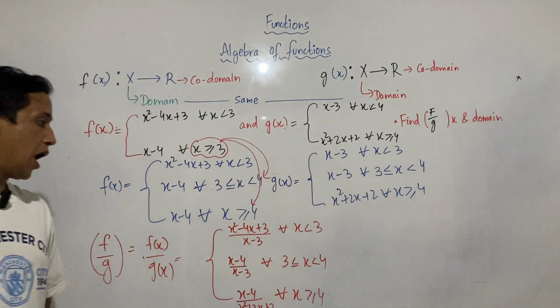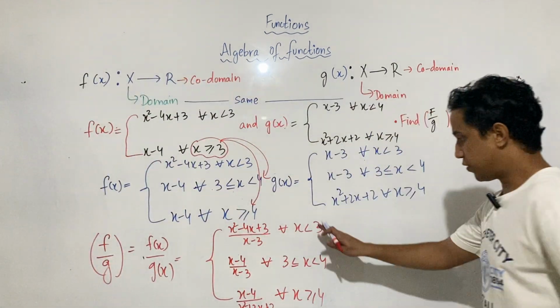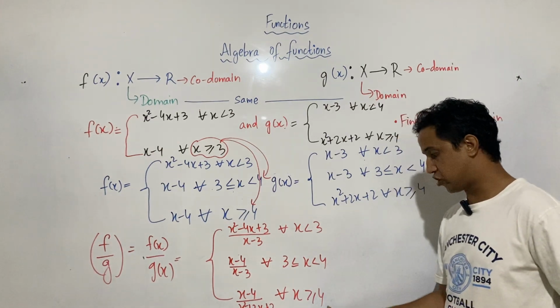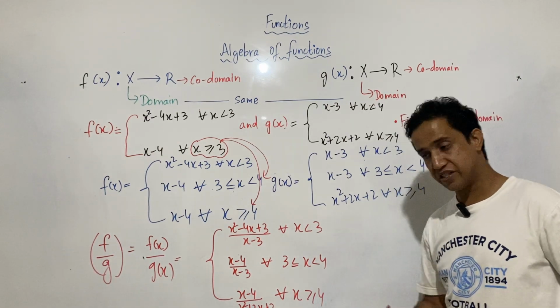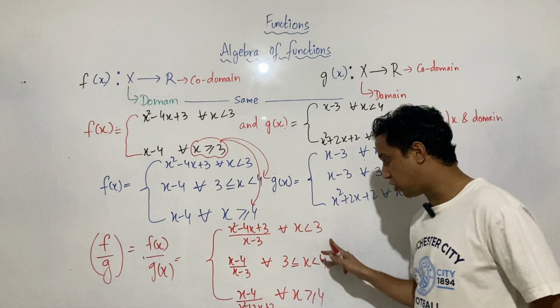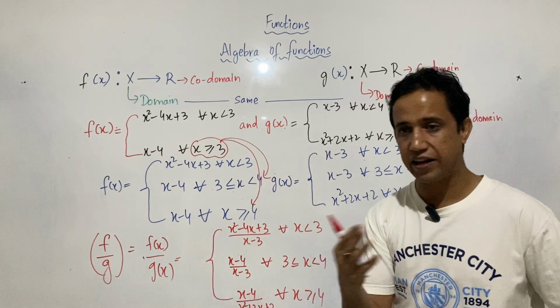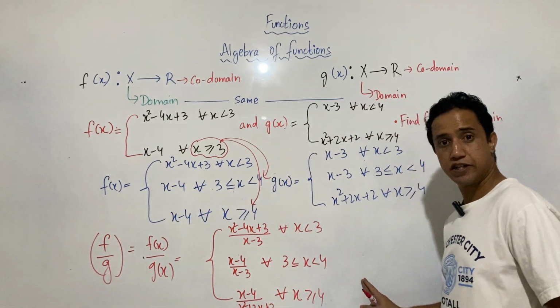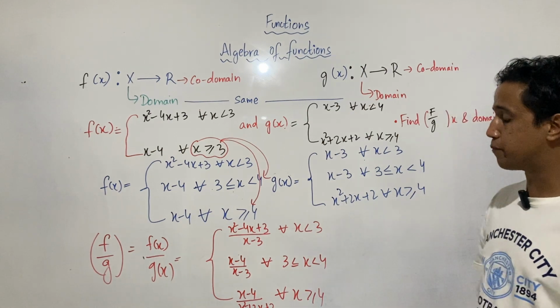Now you can see here it defines all the domain. If you look at the domain of these three pieces, it simply tells us that the domain belongs to the real numbers: less than 3 means minus infinity to 3, this is 3 to 4, and this is 4 to infinity, meaning all the real numbers. But we have one problem.